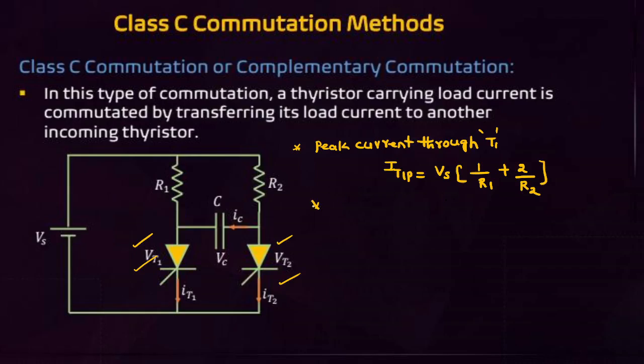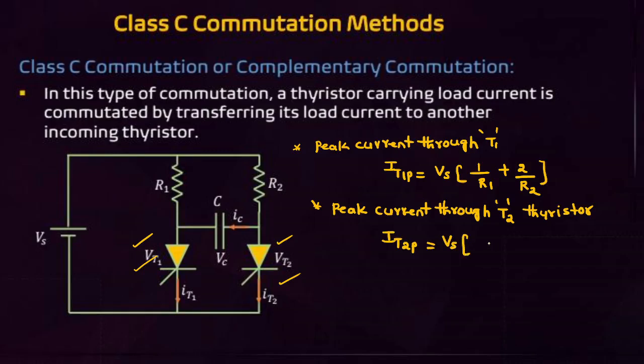What is the peak current through the T2 thyristor? IT2P is equal to Vs into 2 by R1 plus 1 by R2. This you have to remember.